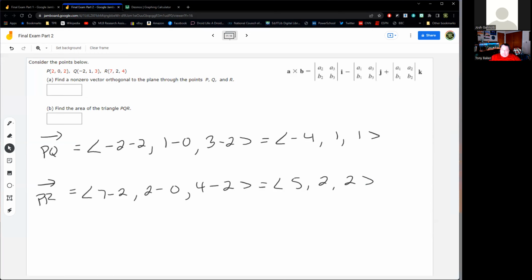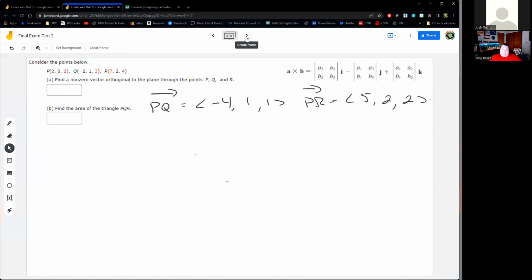All right, so once we've got our vectors, now we're going to do our cross product. So the easiest way to set this one up: the cross product of PQ and PR is I, J, K, then -4, 1, 1, and 5, 2, 2.